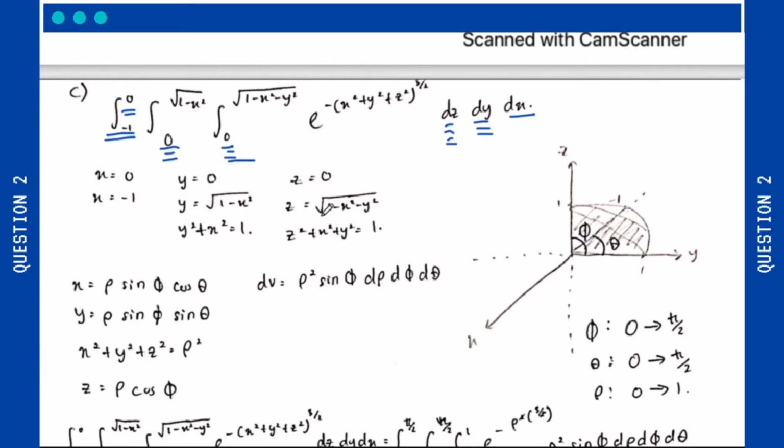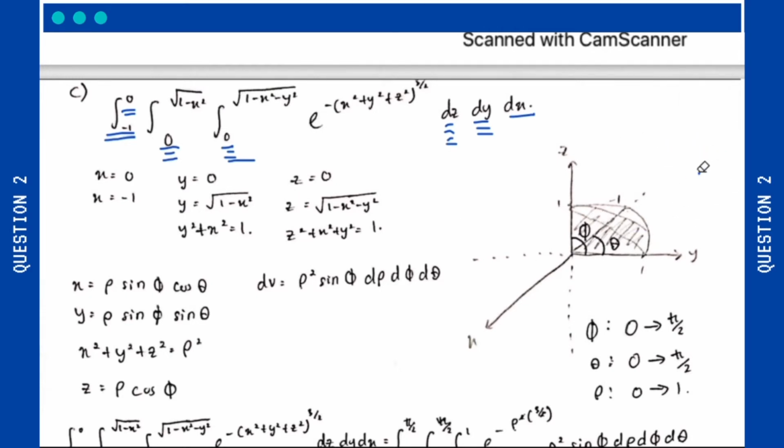For z, we got z equal to 0 and z equal to square root of 1 minus x squared minus y squared. We got x squared plus y squared plus z squared equal to 1. We got radius 1, and that one is a sphere with radius 1. This is the region with the full limit.